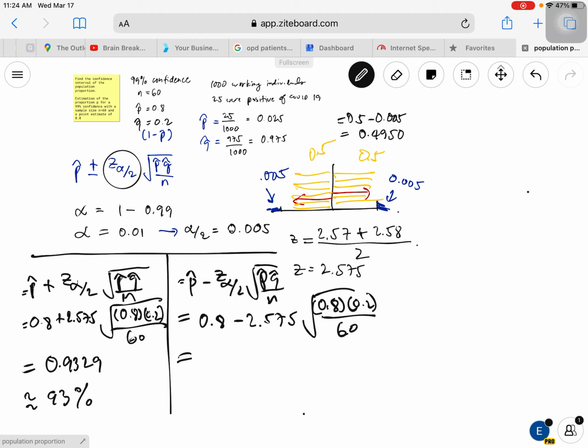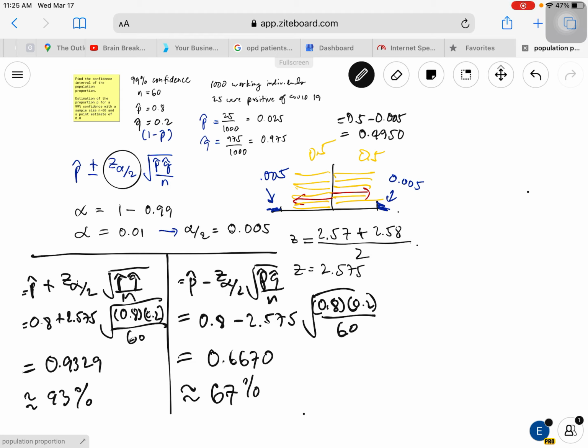You can make use of what you already inputted in your calculator and just change it from plus to minus. So this is equal to 0.6670, or approximately 67%.